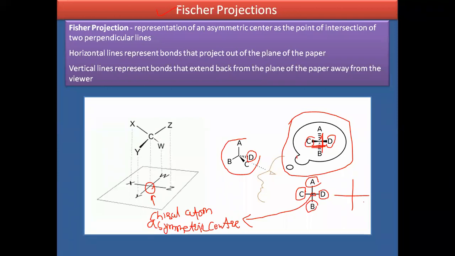These lines indicate, in the Fischer projection, horizontal lines as well as vertical lines.